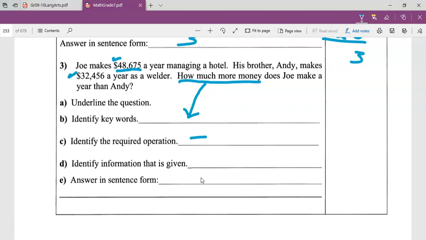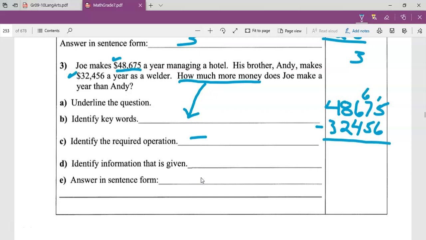Answer in sentence form. Well, let's do our subtraction. 48,675 minus 32,456. Well, we're going to have to borrow one.